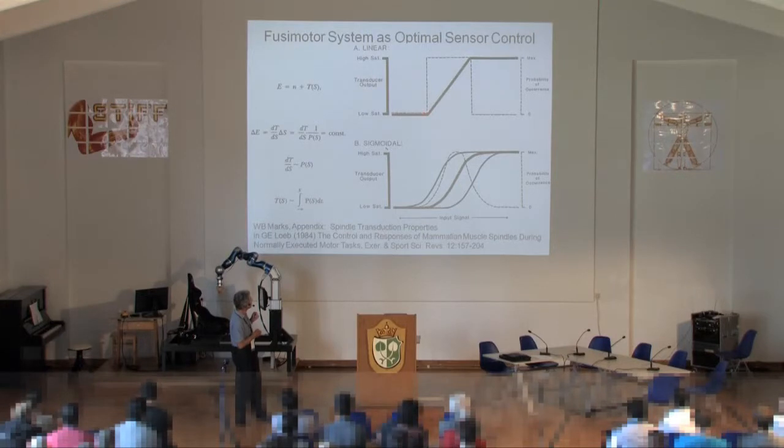It turns out that you can actually show that the optimal curve for a transducer is the integral of the probability of occurrence of various states that you want to transduce.